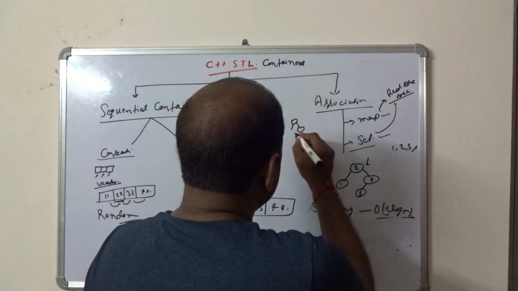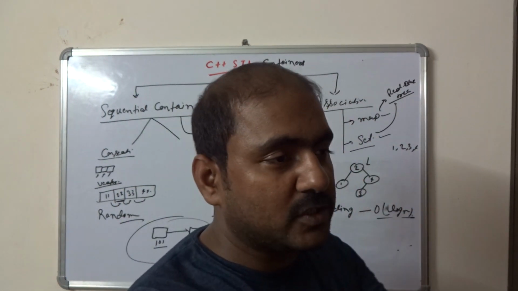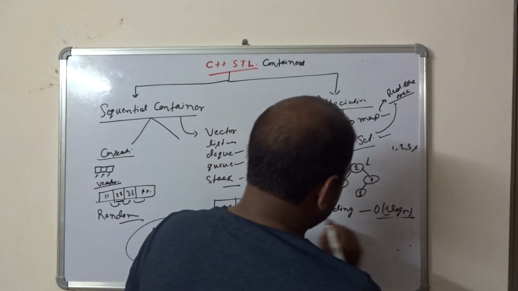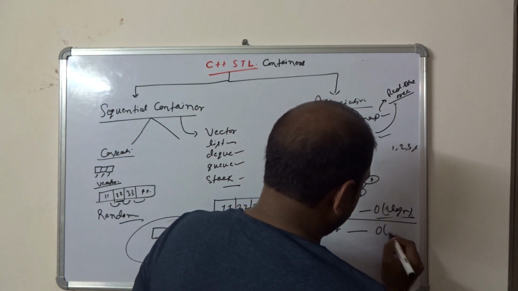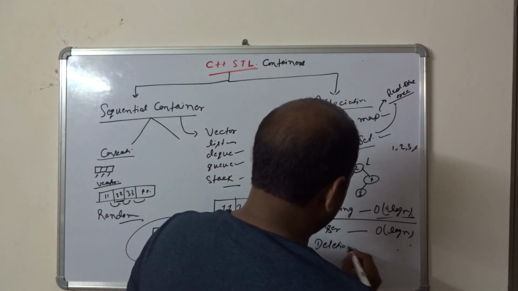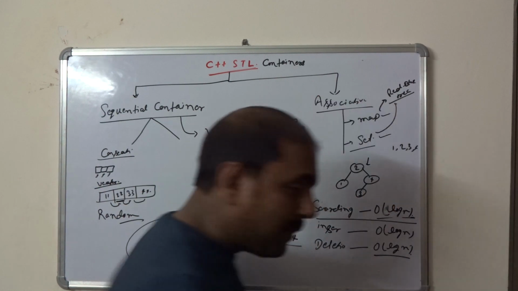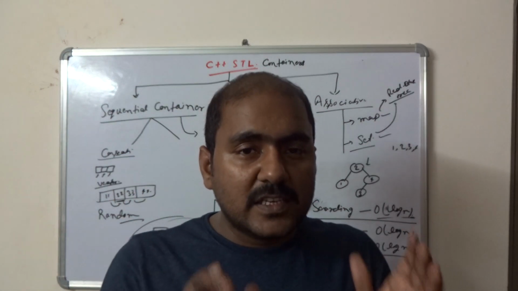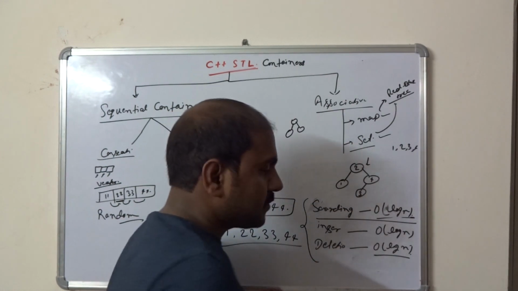Your tree cannot become sequential. So in the case of map or set, searching will be big O of log n, insertion again big O of log n, and deletion again big O of log n. So map is the data structure which gives you a guarantee that insertion, deletion and searching will take big O of log n. This is the advantage.